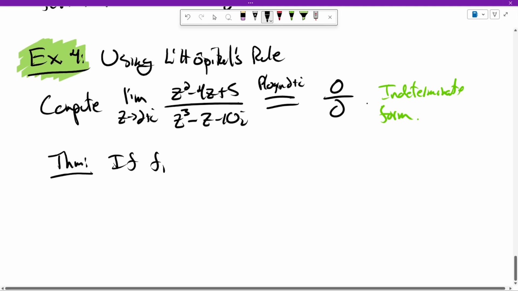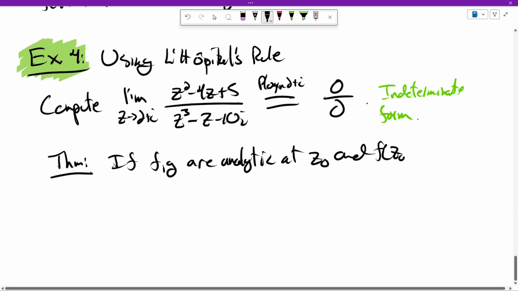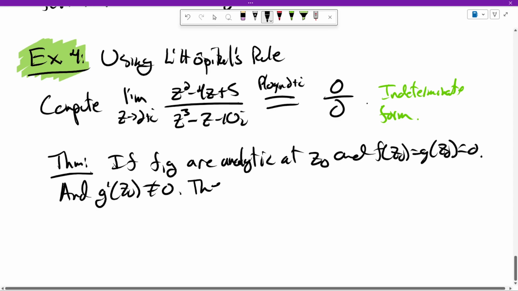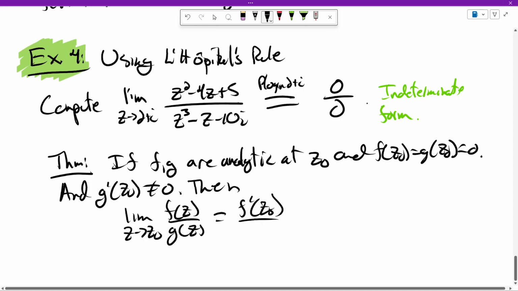If we have two functions and they're analytic at some z0, and f of z0 is the same as g of z0 is 0, and g prime of z0 is not 0, then the limit as z approaches z0 of f of z over g of z, which if you plugged in z0 you would get 0 over 0, is f prime of z0 over g prime of z0.